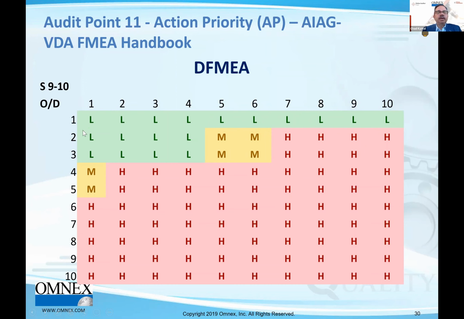If you're doing occurrence, sorry, 3 lower level, I mean, you can see how many lower level there are. And even at a 2, you start getting a high rating for action priority, only because it's a 9 and a 10. All right. And like that, we visually have different tables, and we offer it.